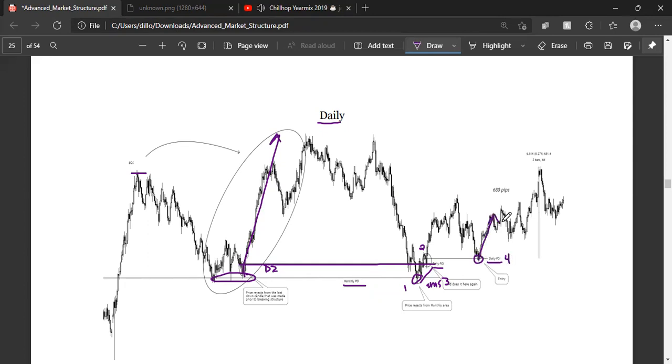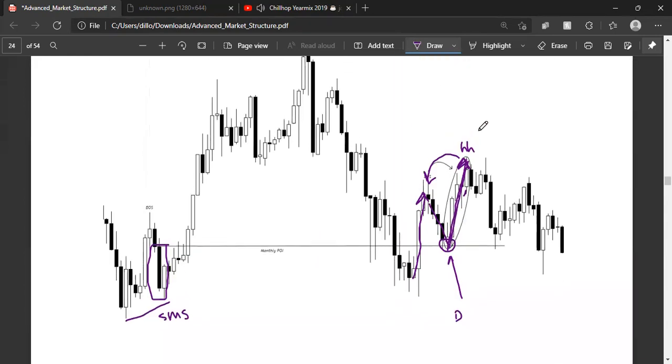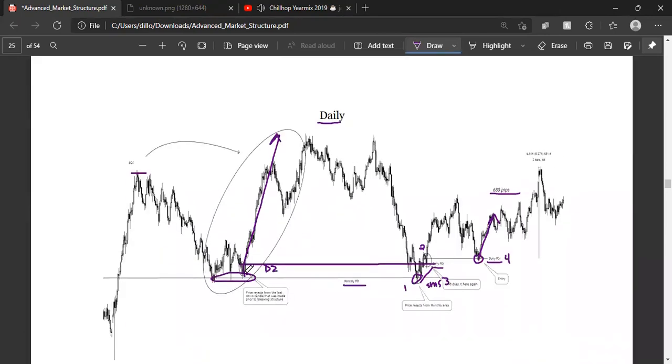And here would be our entry, super clean, 600 pips, beautiful setup, simple, right? We're on a monthly break of structure right here, and we're looking at a daily point of interest. We have a daily break of structure here, and here is our entry.